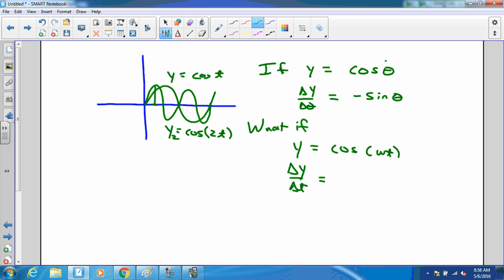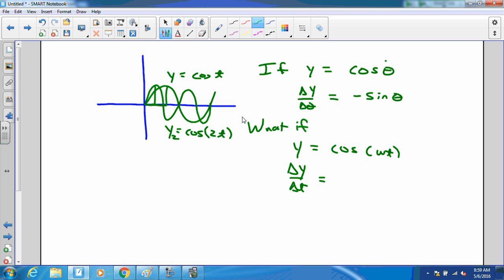I'm going to go up by the same amount, but I'm going to do it in half the distance. So in general, when I squish by a factor of omega, all of my slopes get slopier by that same factor of omega.